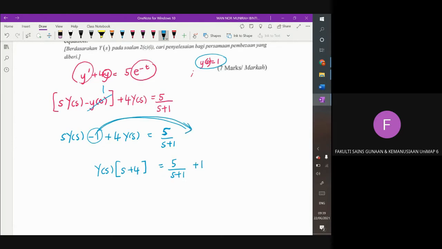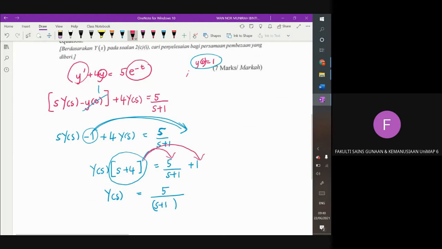Then ys equals 5 over s plus 1 plus 1. Bring s plus 4 to the right hand side of the equation; it belongs to this term as well as this term. So it becomes 5 over (s plus 1)(s plus 4) plus 1 over s plus 4. Okay, so this is our ys.